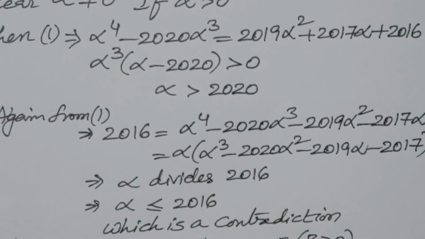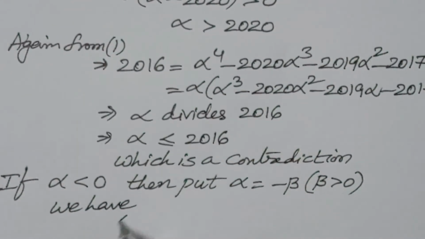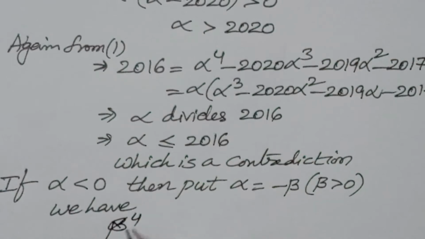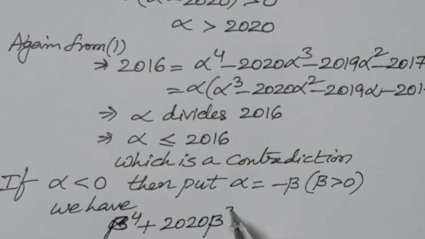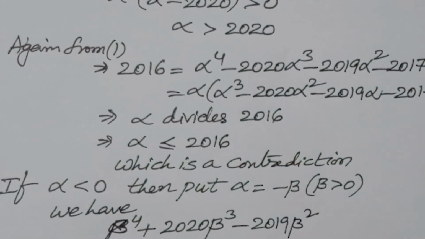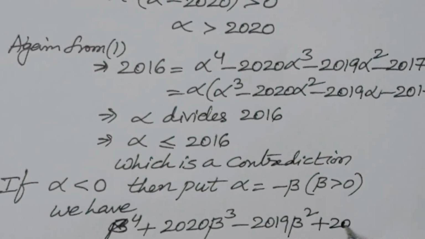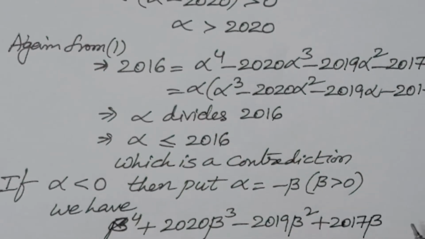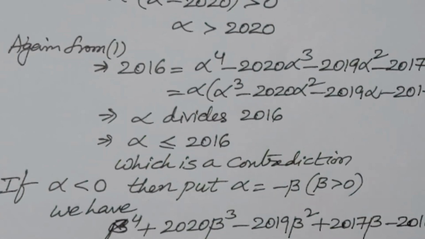Then we have beta^4 + 2020 beta^3 - 2019 beta^2 + 2017 beta - 2016 = 0.